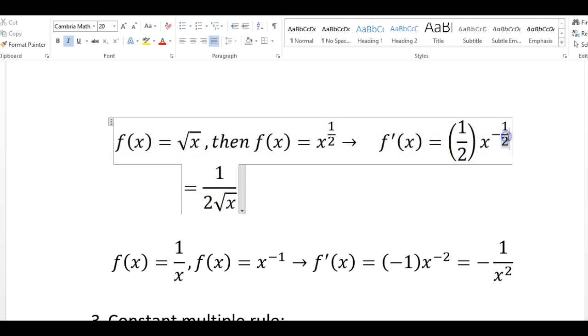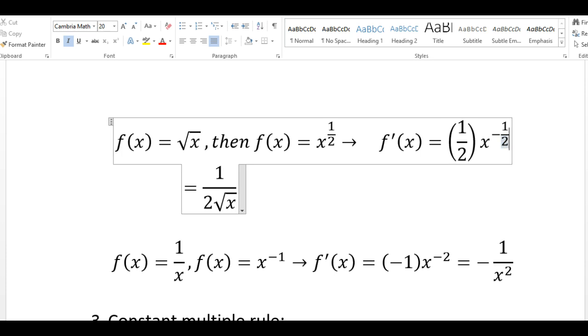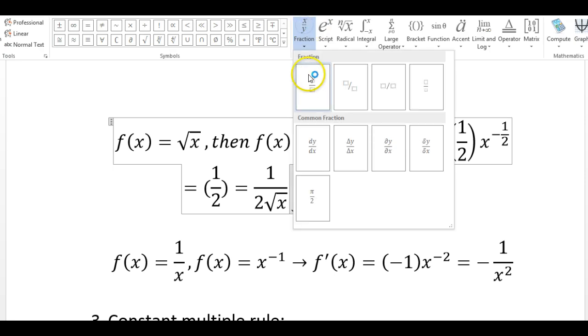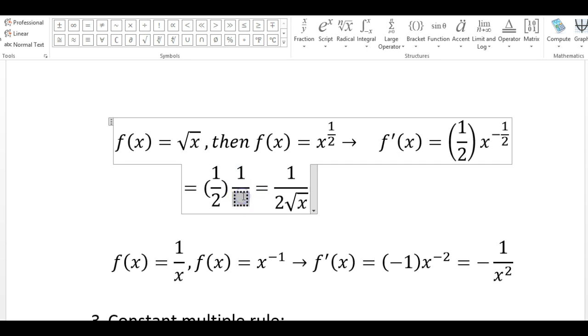So if I want to do that extra step here, it will be 1 over the 1/2, and then you have x to the power 1/2, right?